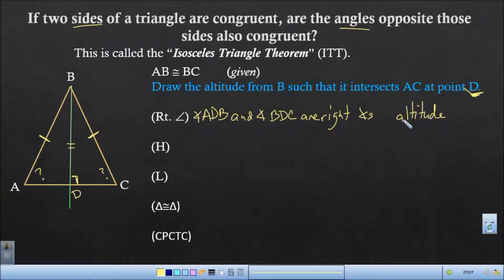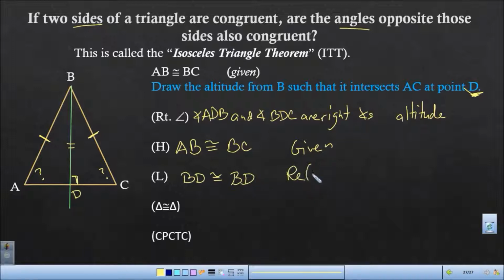Now, the hypotenuse, AB, is congruent to BC because it's given. And then the leg, BD, is congruent to BD by the reflexive property. This means that triangle ABD is congruent to triangle CBD by hypotenuse leg.